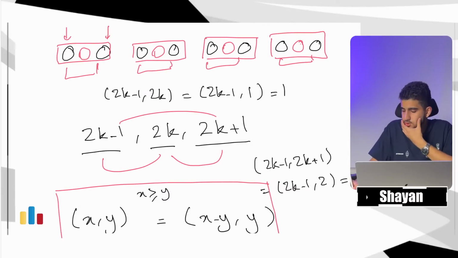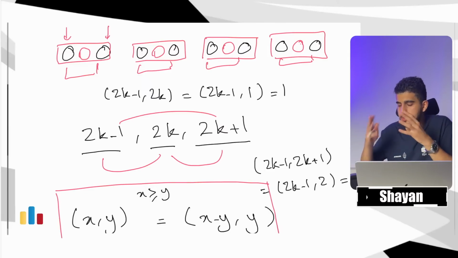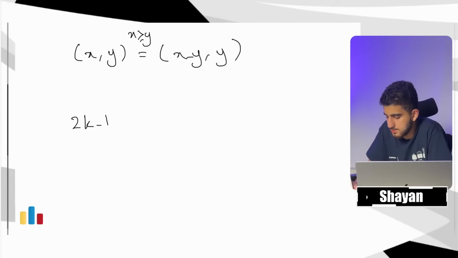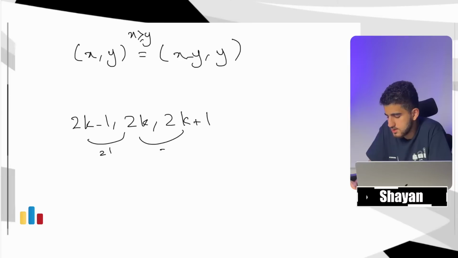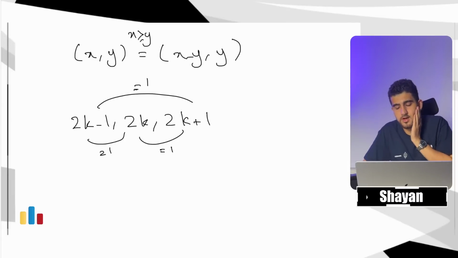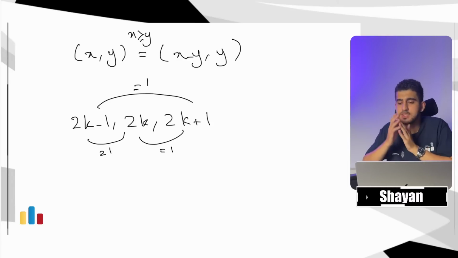Therefore, I use that to show this GCD of each two of these three numbers is 1. So when we choose three numbers, the key point is this: if you choose three numbers of this form, 2k minus 1, 2k, and 2k plus 1, the GCD of each two of them is equal to 1. So the answer is really equal to the number of odd numbers divided by 2. Is it clear?